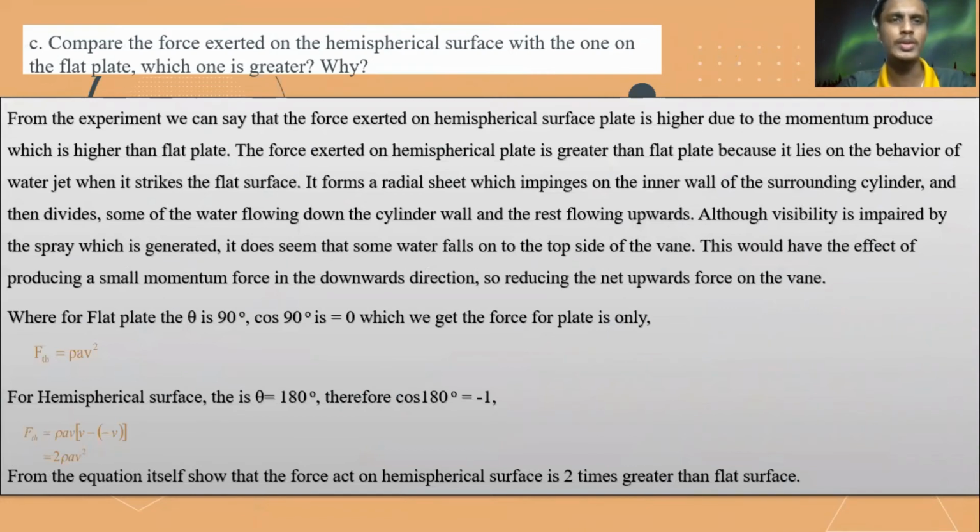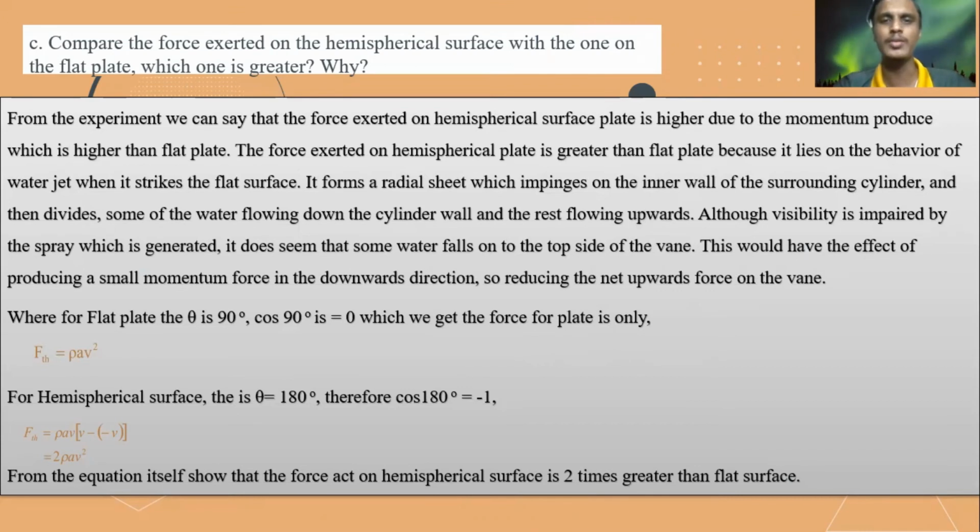Compare the force exerted on the hemispherical surface with the one on the flat plate, which one is greater and why. From the experiment, we can say that the force exerted on the hemispherical surface plate is higher due to the moment produced, which is higher than the flat plate. The force on the hemispherical plate is greater because of the behavior of the water jet when it strikes the flat surface.